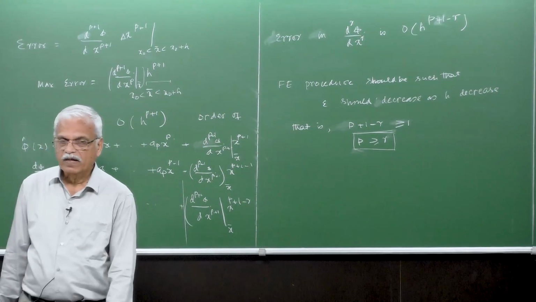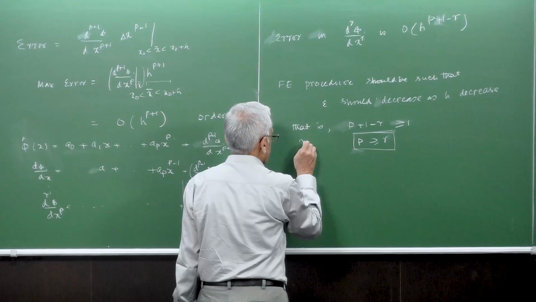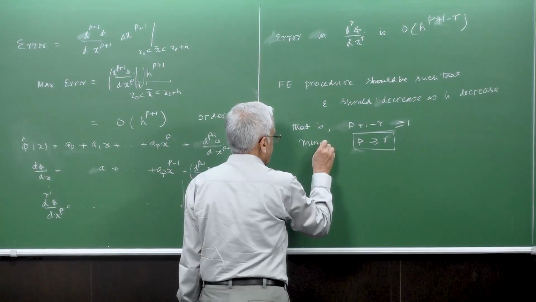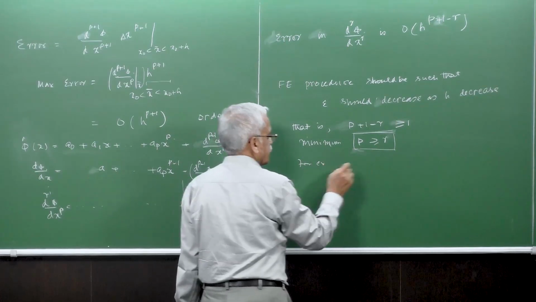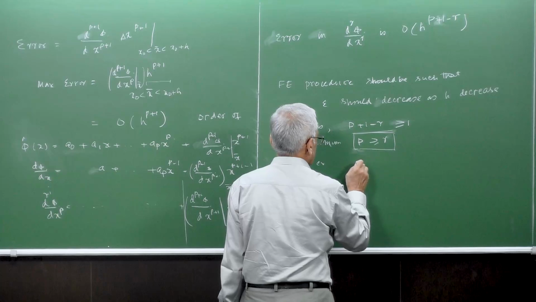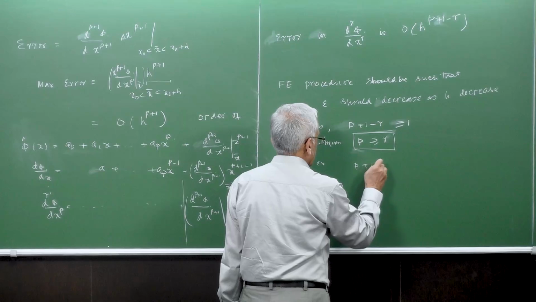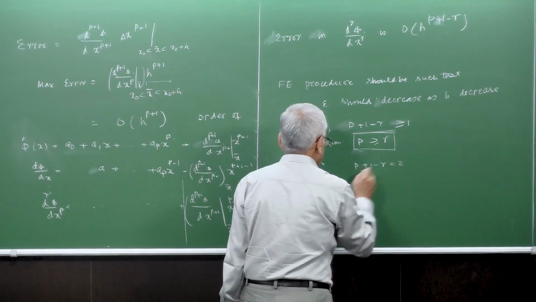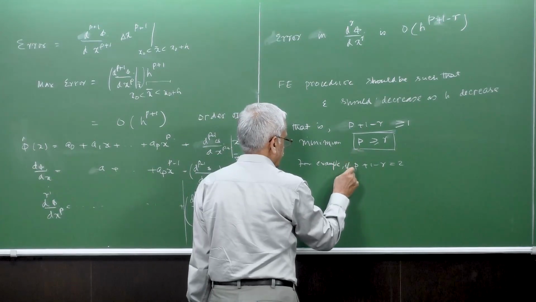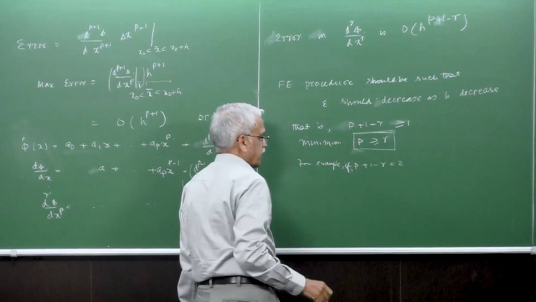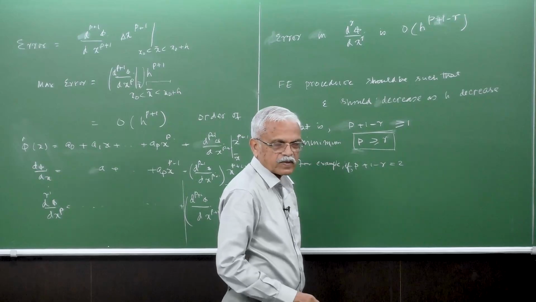And if it is more, what happens? This is a minimum condition. For example, if p plus 1 is equal to 2, what does that mean?